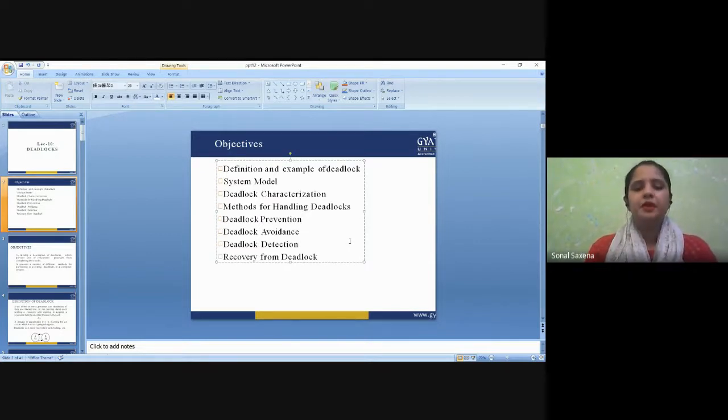So the objectives would be that we'll know what exactly a deadlock is.